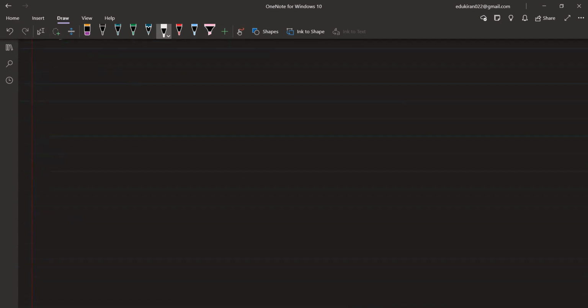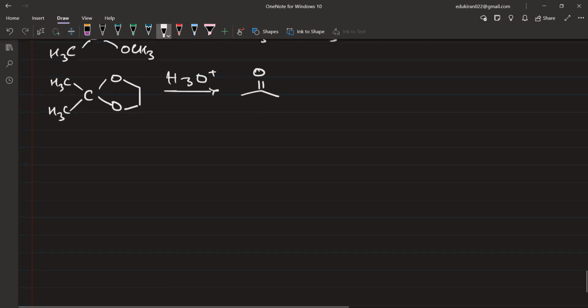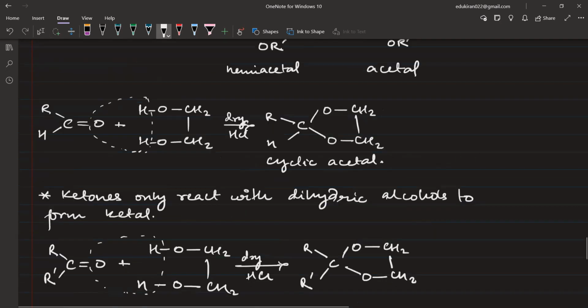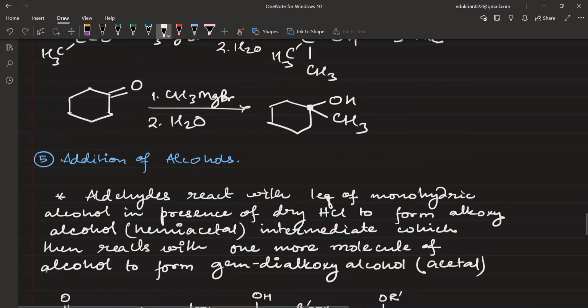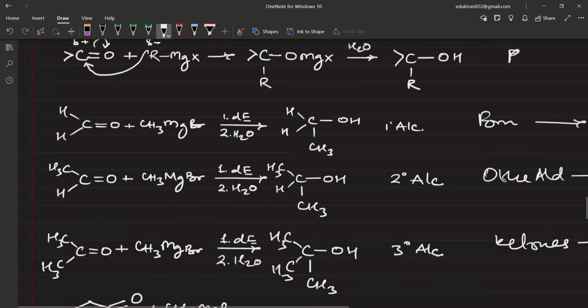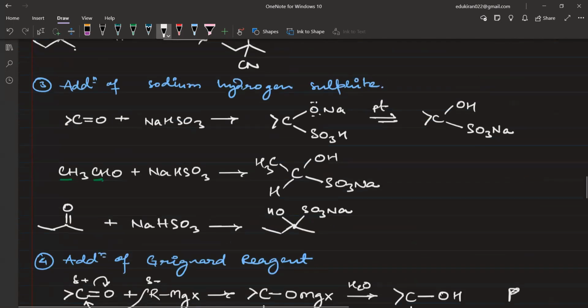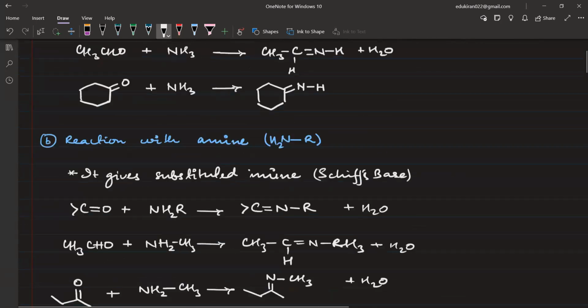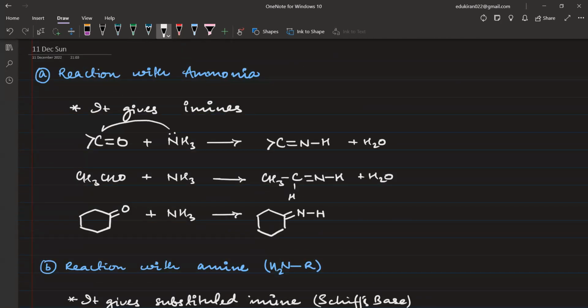Now, write the next topic, reactivity of aldehyde and ketones. All of these reactions that you have seen right now, the above ones with alcohols, then with Grignard reagent, all of these are nucleophilic reactions. Even if you look at amines here, all of these nitrogens have a lone pair, and they are attacking on this carbon.